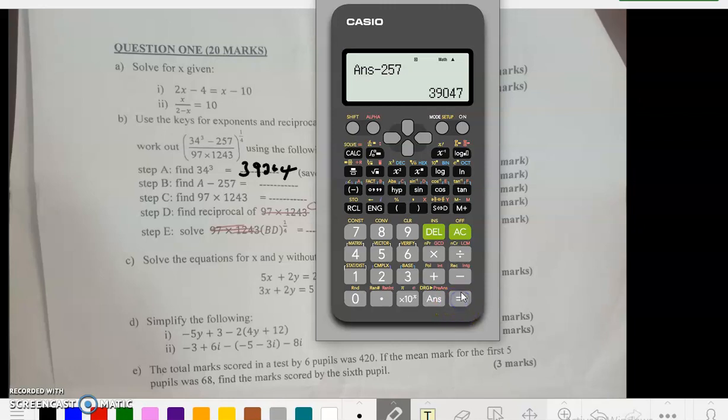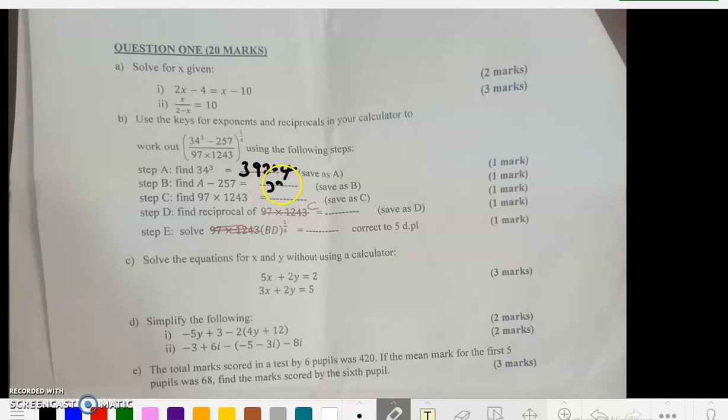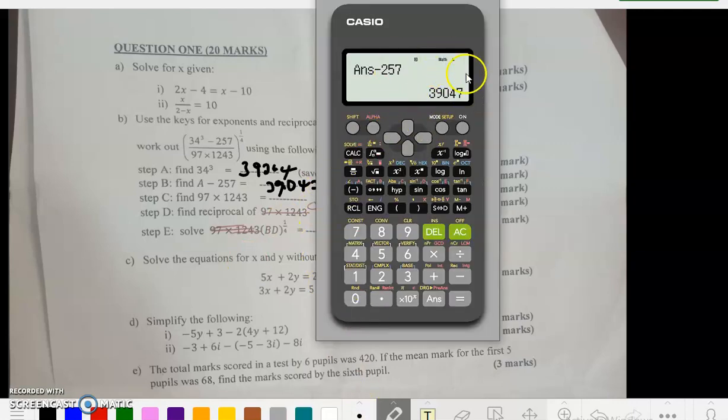This will give you 390.47. Now you store this as B. This is Shift, store, B.